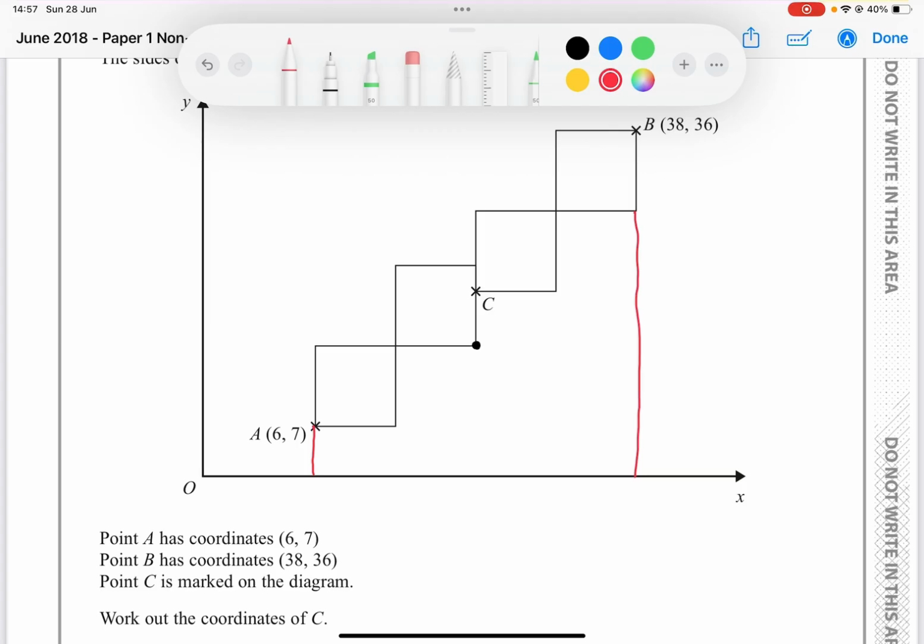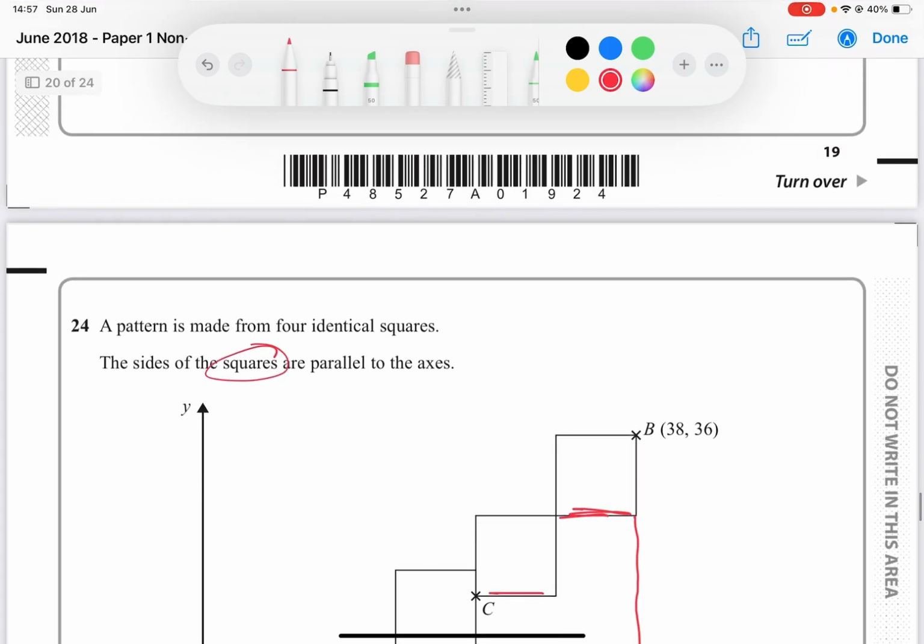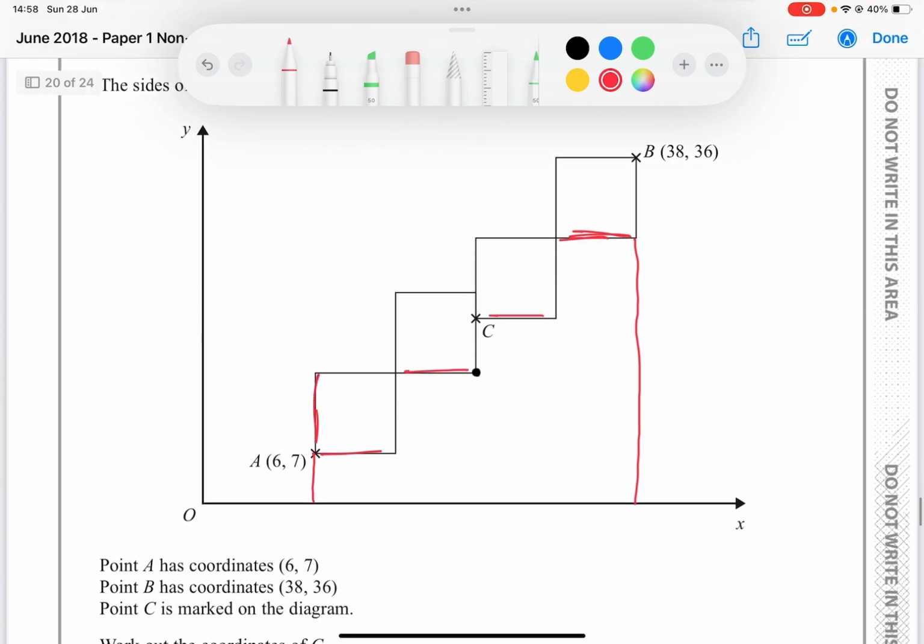Once we work out that, then we can divide it by 1, 2, 3, 4. Once we divide it by 4, then we know the exact length of each of those lengths over here. And remember, because they're squares, is it a square? Yes, it is. That means that these lengths will also be equal to that.